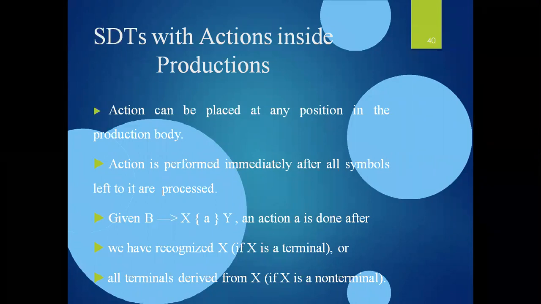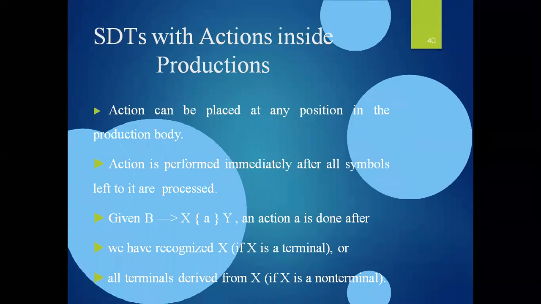Because it may be on the right hand side or it may be on the left hand side. The action can take place at any position in the production body. And the action is performed immediately after all the symbols to its left have been processed. That means the left hand side symbols are processed immediately when the action is performed.